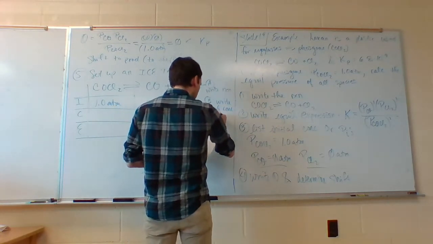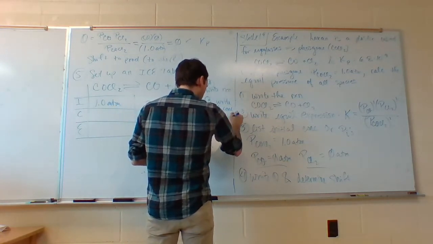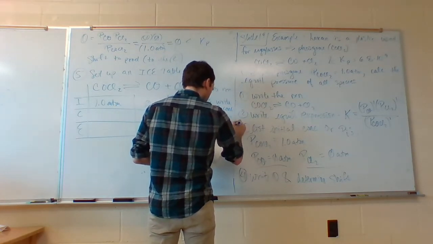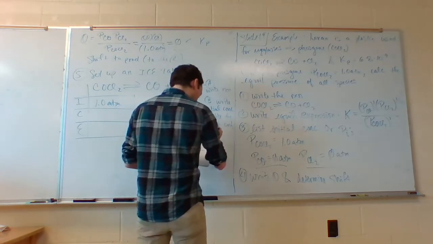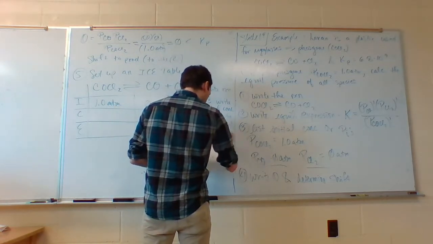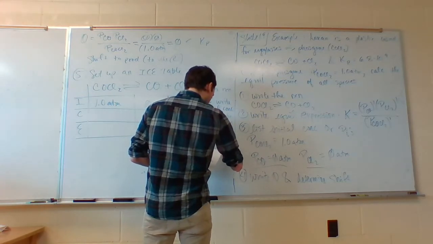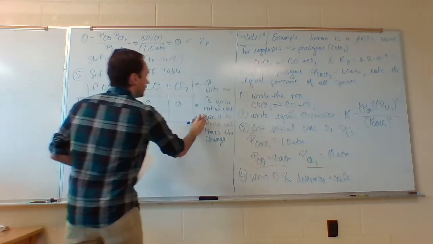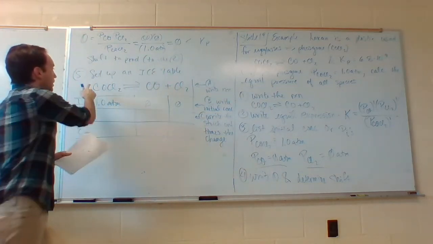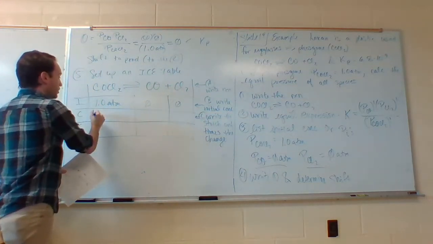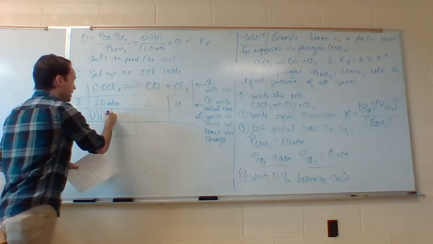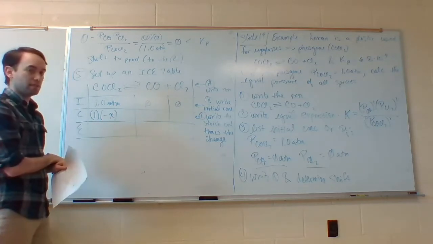So we write the stoichiometric coefficient of that species times the change. Okay? That's going to be part C. Now, that would mean that we take our stoichiometric coefficient, which is 1, and our change is going to be negative x.